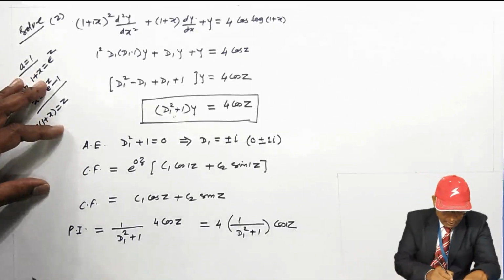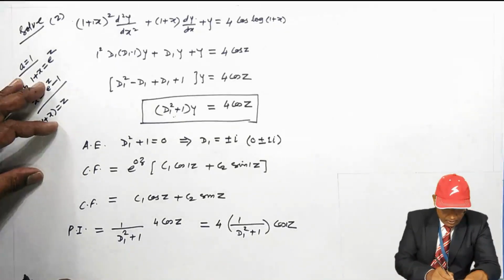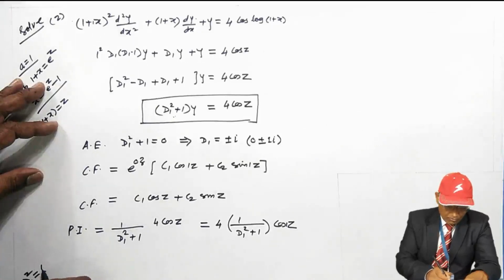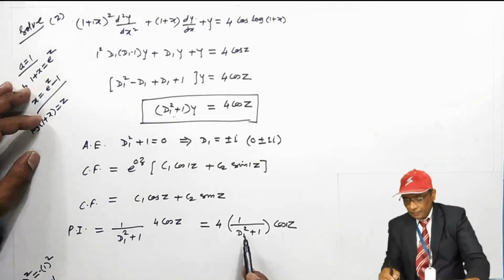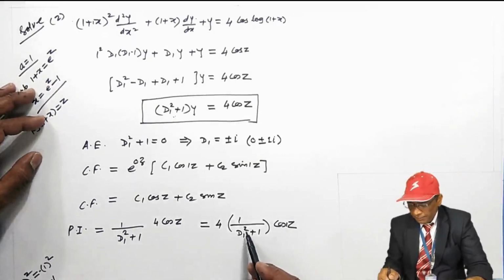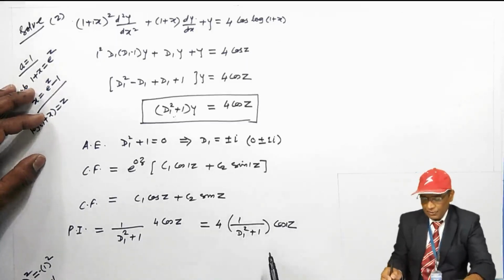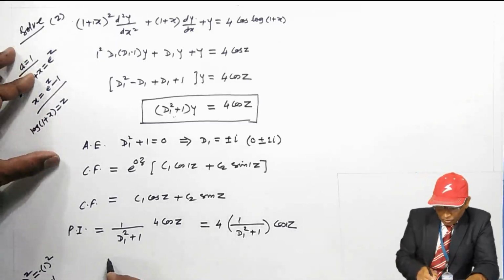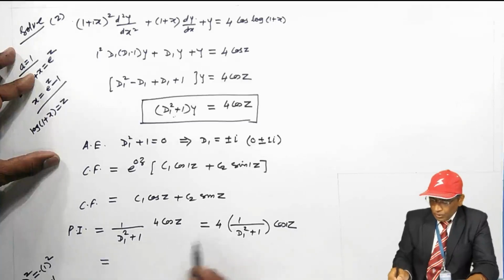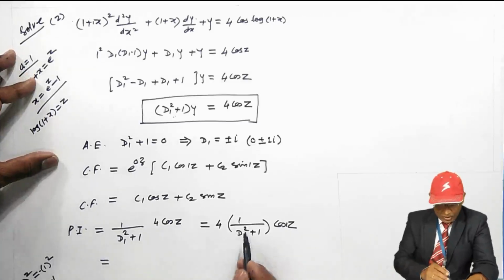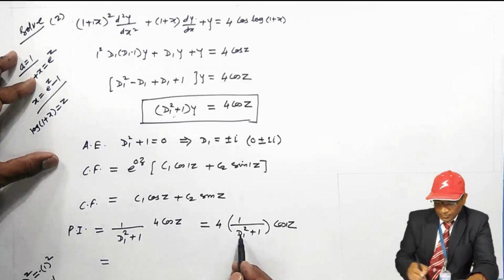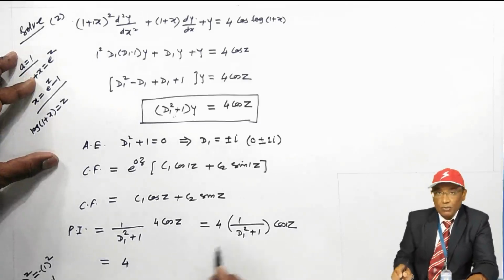Replace D1 square by minus of 1 square. Replace D1 square by minus of this 1 square. In this way we operated the operator previously. So how to do it? If you replace D1 square by minus 1, you will get 0. At this point of time, what to do?